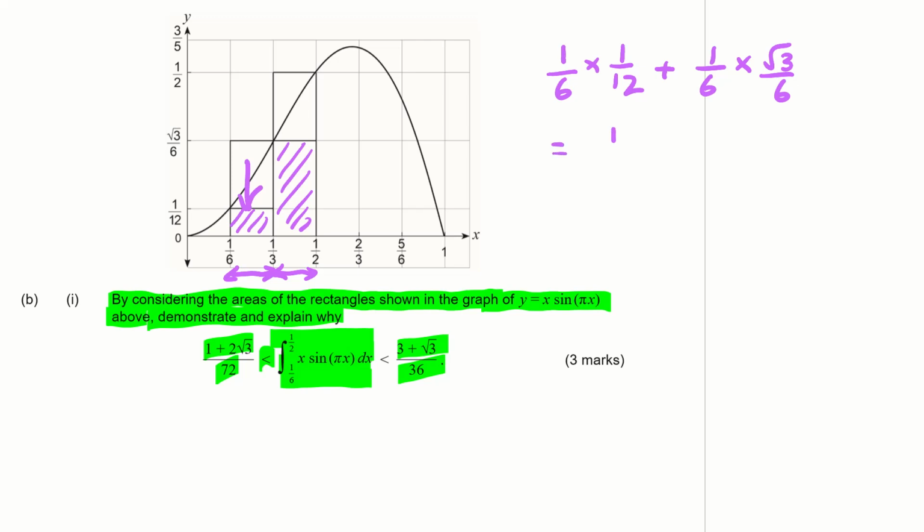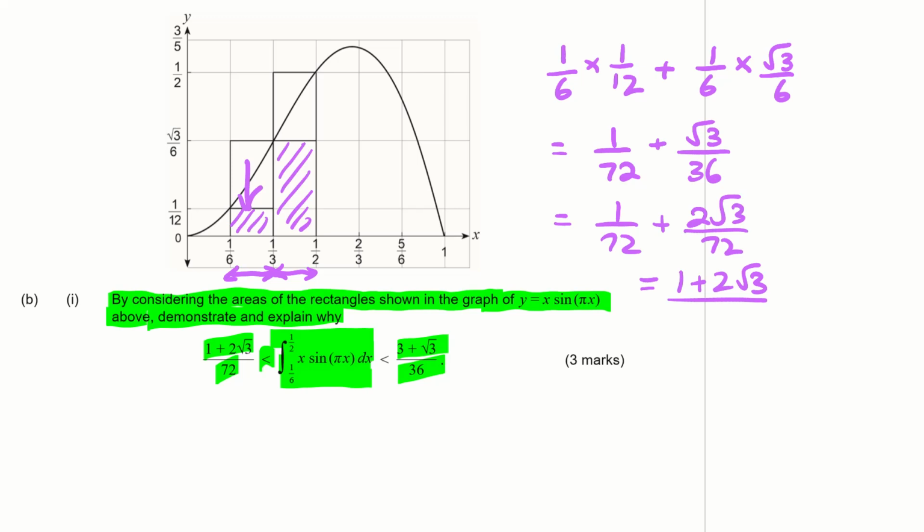So that gives me 1 over 72 plus root 3 over 36, which is 1 over 72 plus 2 root 3 on 72, which is 1 plus 2 root 3 on 72, which is this.